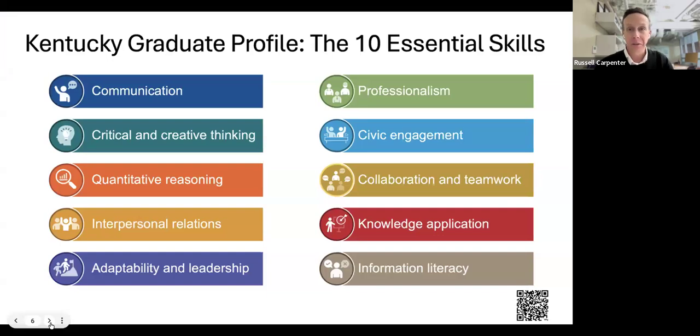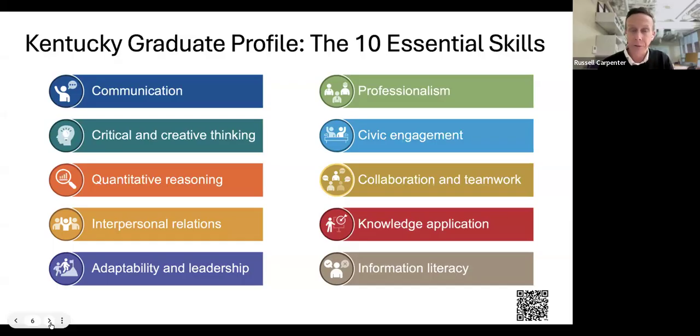The 10 essential skills are probably familiar to many of you. You've probably seen this graphic before, but it's important to reiterate how these 10 essential skills support students where they are as learners, and then moving forward throughout the curriculum, ways that they can hone and develop essential skills and practice those as they're working alongside our faculty, staff, and even other students.